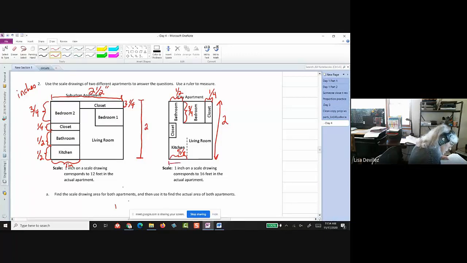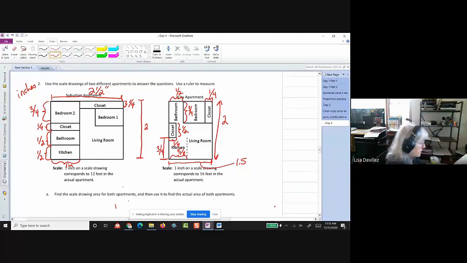The whole thing here is 1.5. What else do we need? This closet, that's 1/4 by 1/2. And this distance here is 3/4. I think that's all the measurements they gave us.